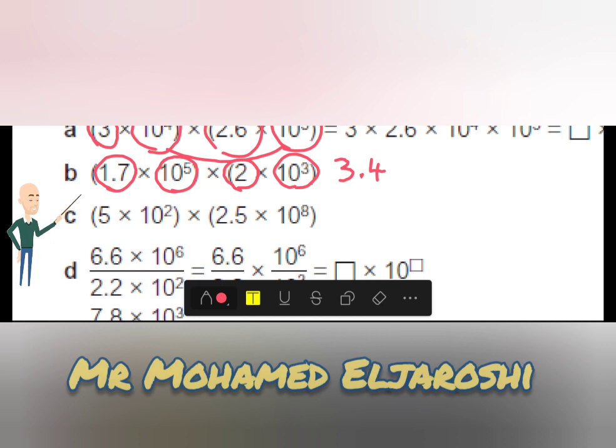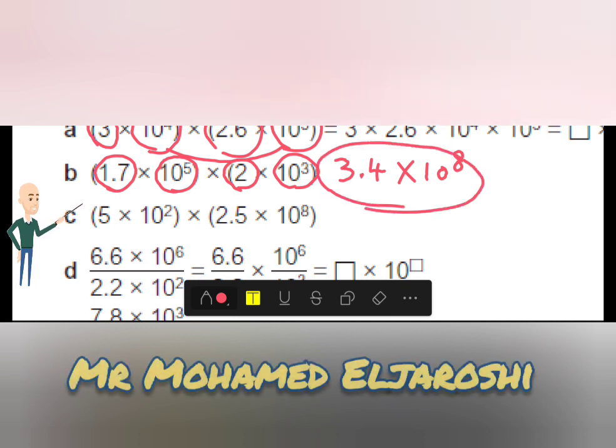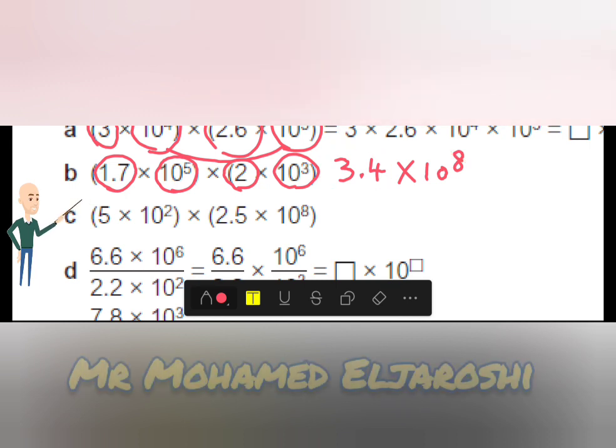When you multiply the same base numbers, you add the powers. So 5 plus 3 equals, very good, 8. So multiplied by 10 to the power of 8. So is this one in standard form or not? Very good, it is. This number is between 1 and 10 and a 10 with a power is multiplied by it.